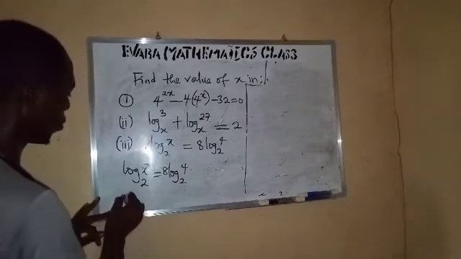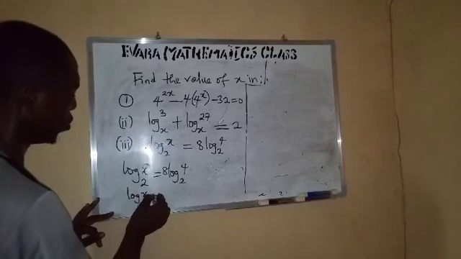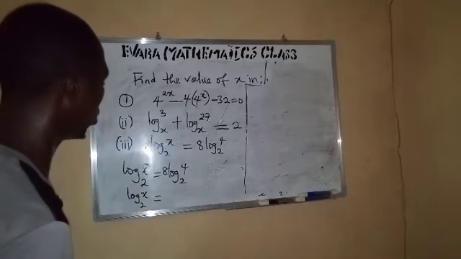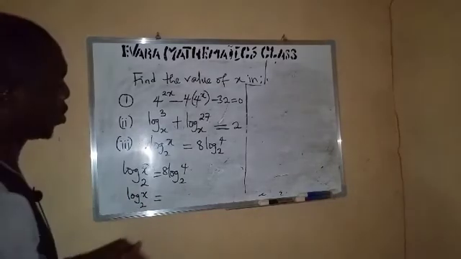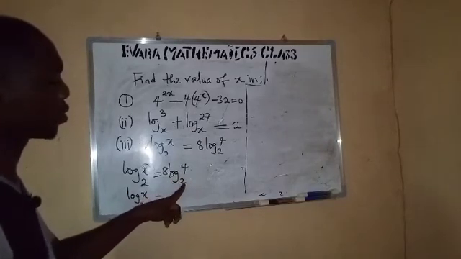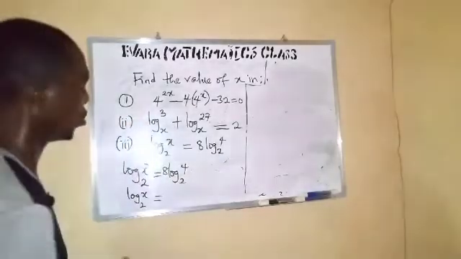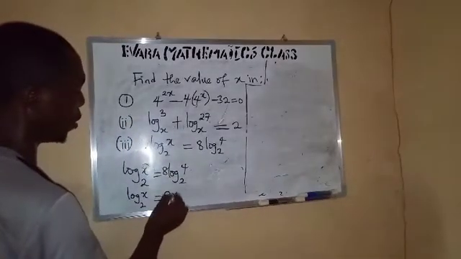Now, log x base 2 is equal to 8 times log 4 base 2, which means what power are you going to raise 2 to give you 4? That is 2. So that will be 8 times 2.